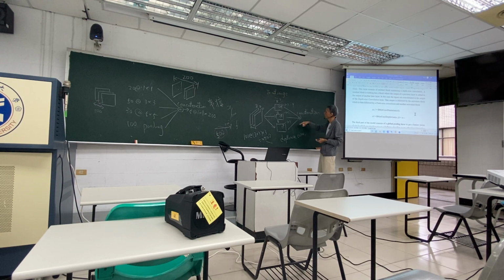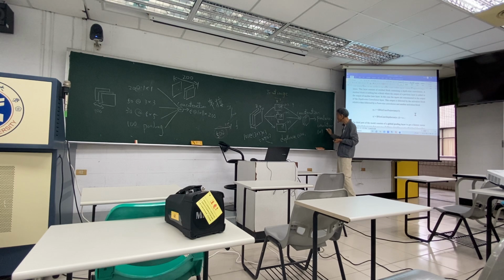We put the channels back together, and then we can carry out the pixel-wise convolution. And the pixel-wise convolution is only 1 by 1. That's the idea. 1 by 1, for this case 1 by 1 by 3.